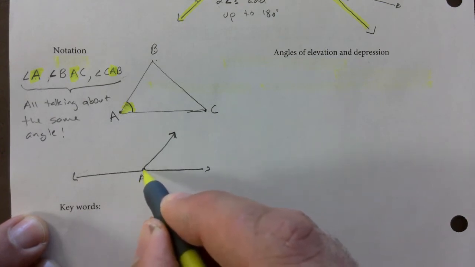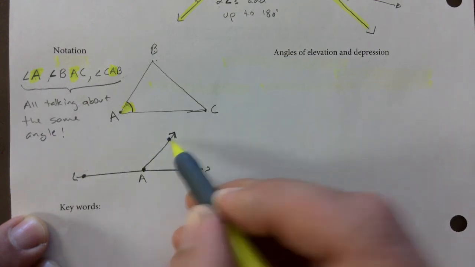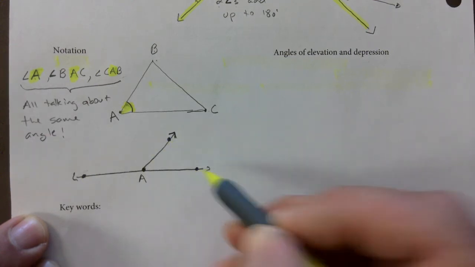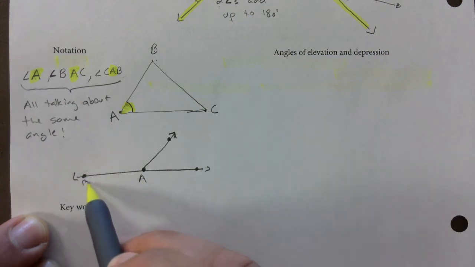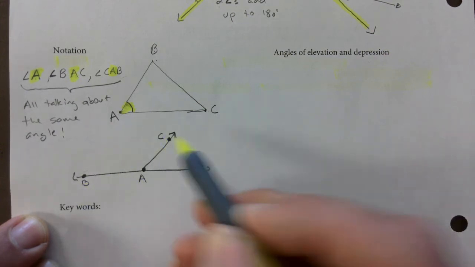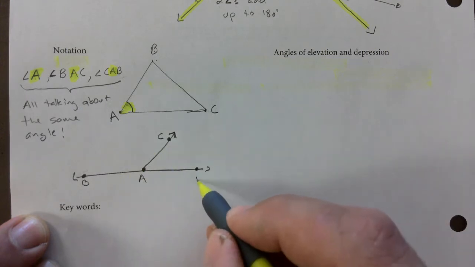That vertex there, right there, is called A. Let's put a bunch of dots at the end of each of these three lines that are formed. So we're going to go A, B, and we use capitals. A, B, C, D, like that.